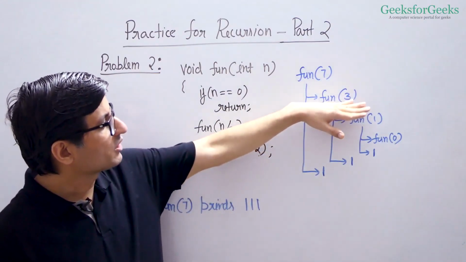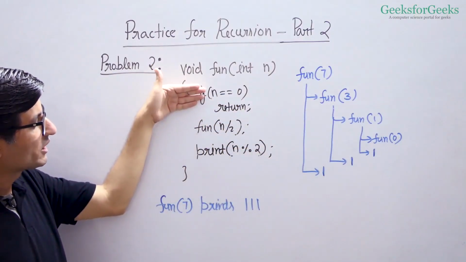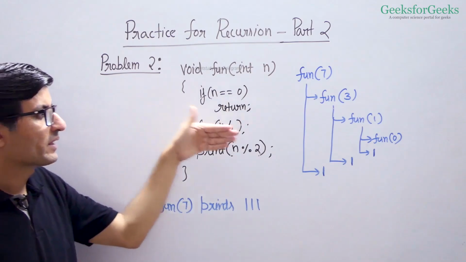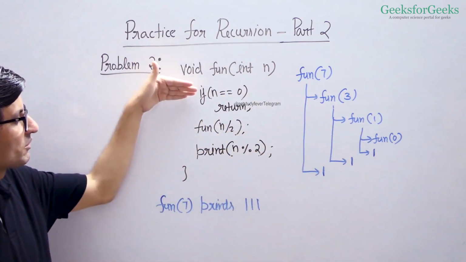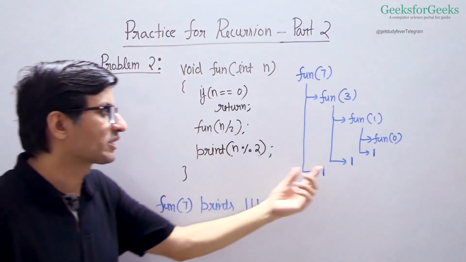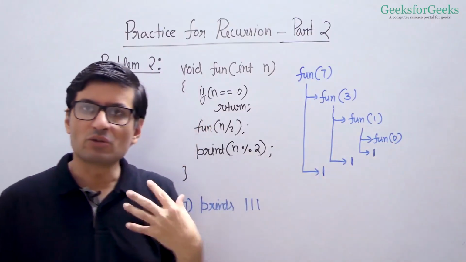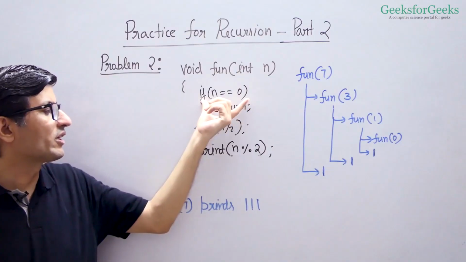So when you call for fun 3, it begins its execution here, does not go into the base case, calls for fun 1. When you call for fun 1, again it begins its execution from this line. N is not 0, so it's going to call itself with 0 as the parameter. When you call for 0, it falls into the base case, so it immediately returns.